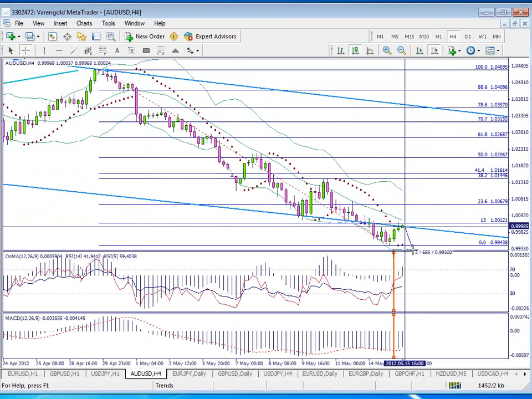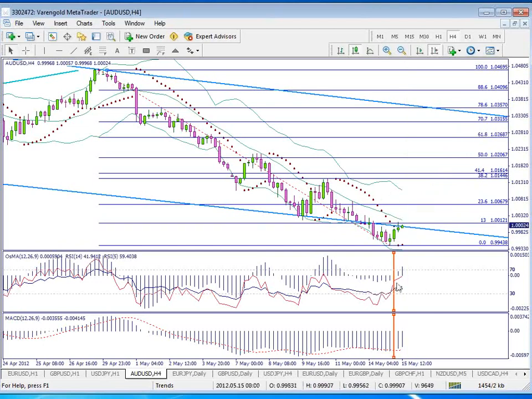About 70, 80 pips at risk, or let's say 60, and 270 pips as reward. But again, we are on 4-hour time frames.